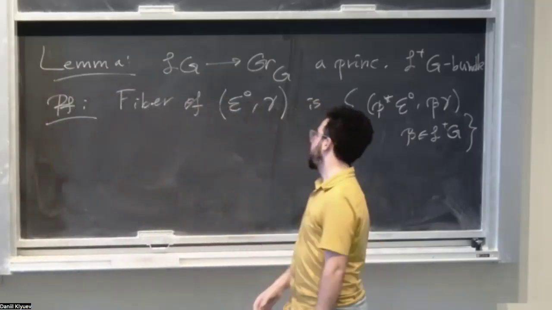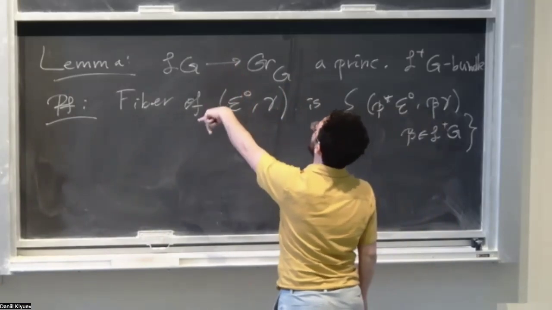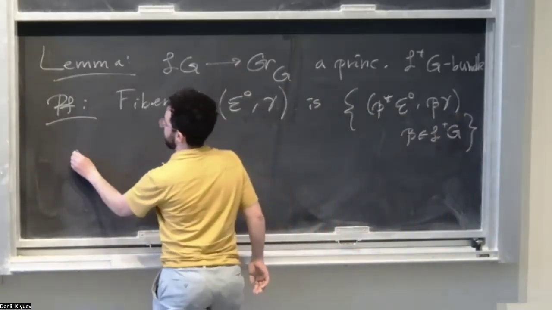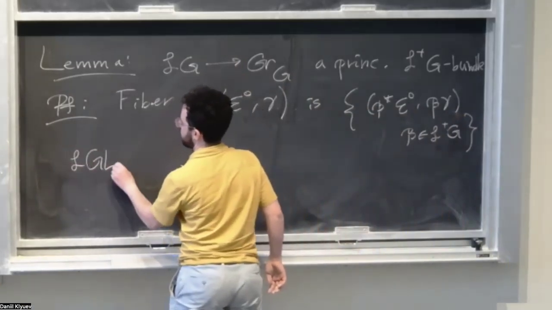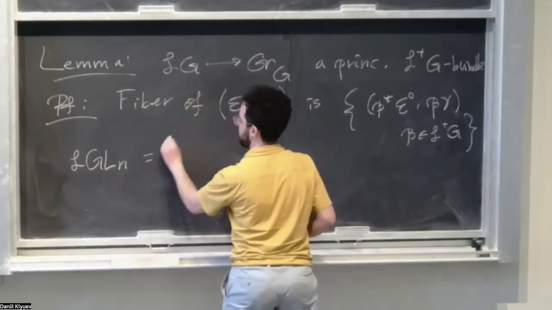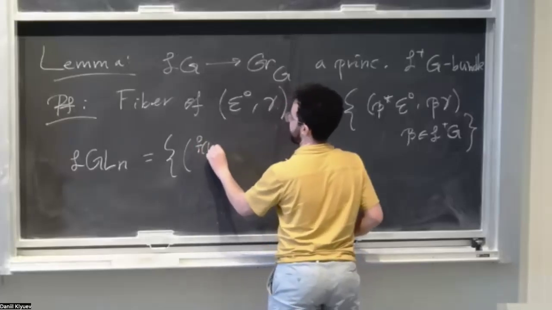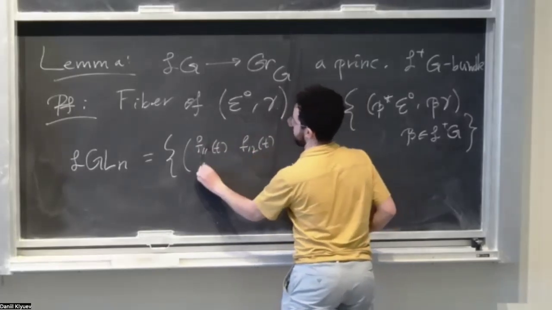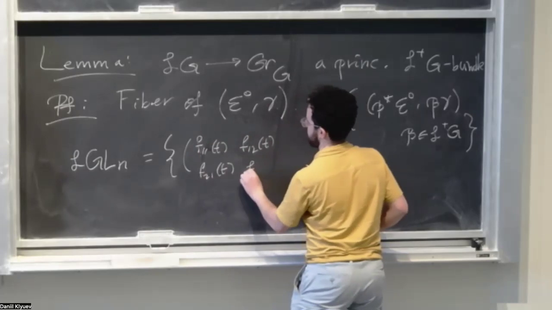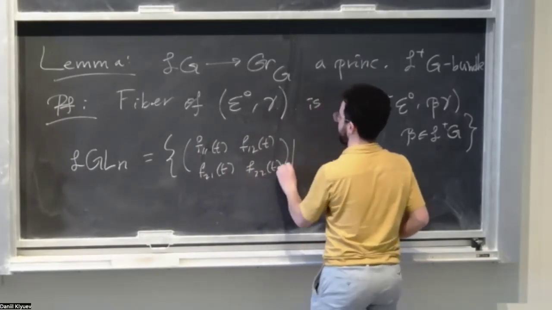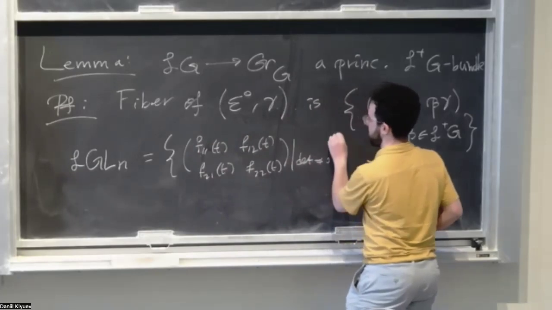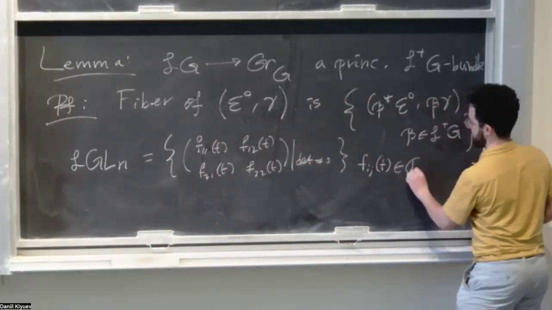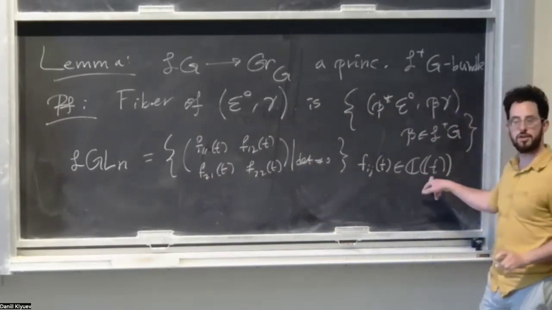Let me write down, for LG of L2, matrices of the form F11, F12, and so on, such that the determinant is not 0, and the Fij are Laurent series, so they have poles.